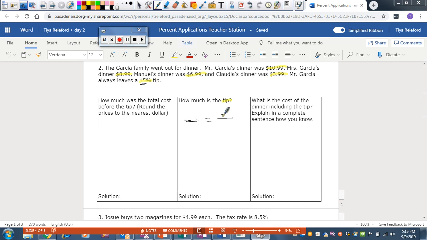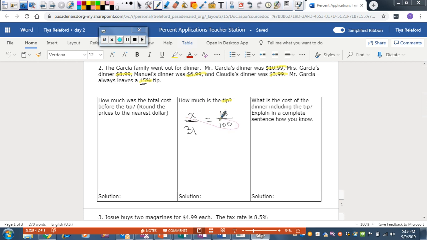Remember, the percent goes over 100. Over here you have X over the total. So whatever you got for your total is going to slide on over. And then you're going to solve.